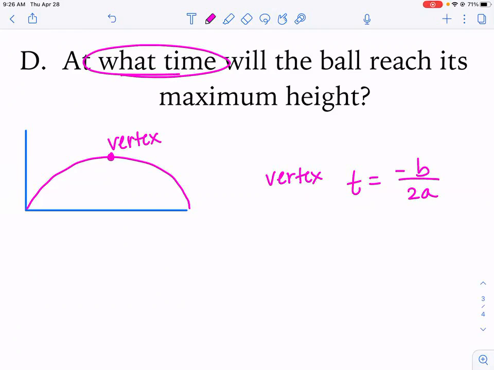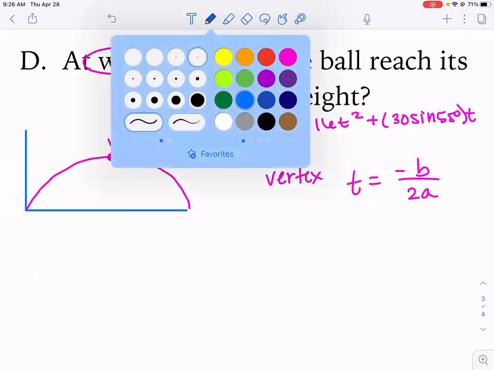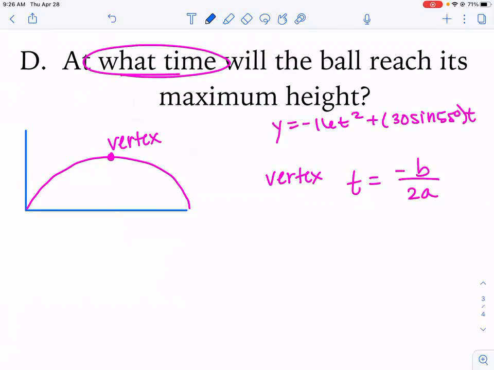Remember, if we have a quadratic equation, the coefficient of t squared is a, the coefficient of t is b. So our max height is occurring at the vertex, which we can find by taking negative 30 sine of 55 degrees over 2a, which is 2 times negative 16. Thanks. Whoops.